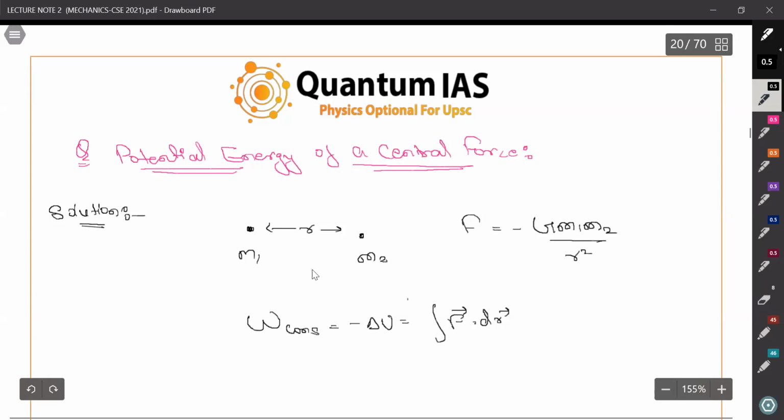Also, suppose we have two charges q1 and q2 separated by a distance r. The force will be K q1 q2 by r square. So all of them are forces such that force is proportional to 1 by r square.